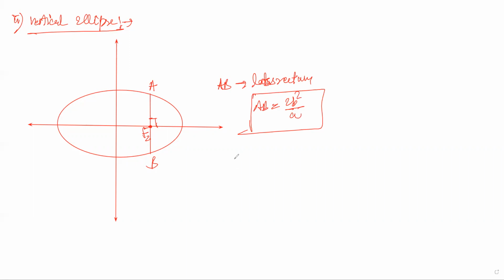Irrespective of whether the ellipse is horizontal or vertical. इससे कोई मतलब नहीं है ellipse कैसा है, लेंथ हमेशा 2b square by a ही रहेगी. तो अगर हमें a और c पता है या हमें कोई भी दो चीजें पता हैं, तो हम a, b, c और e इसेंट्रिसिटी जिसकी वैल्यू थी c by a सब निकाल सकते हैं और लेंथ ऑफ लेटस रेक्टम. राइट, चलो स्टार्ट करते हैं.